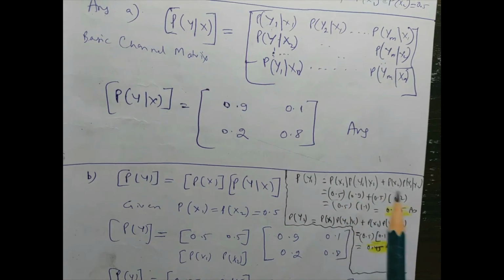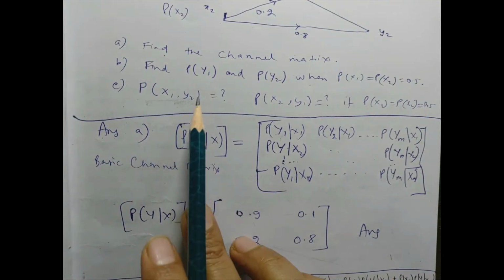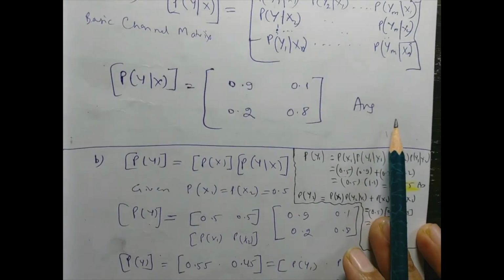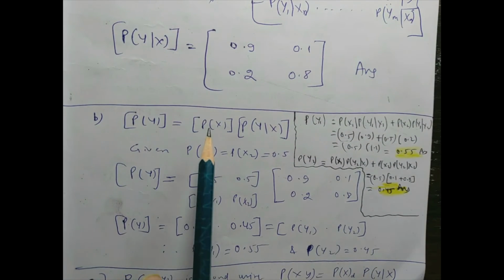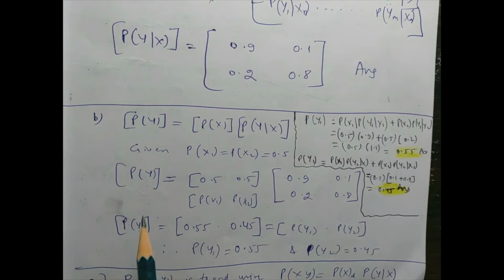So either this way you can answer this question, or you can write the matrix. Y is given by the probability of x's multiplied by the conditional probability channel matrix, and you just multiply and get all values.